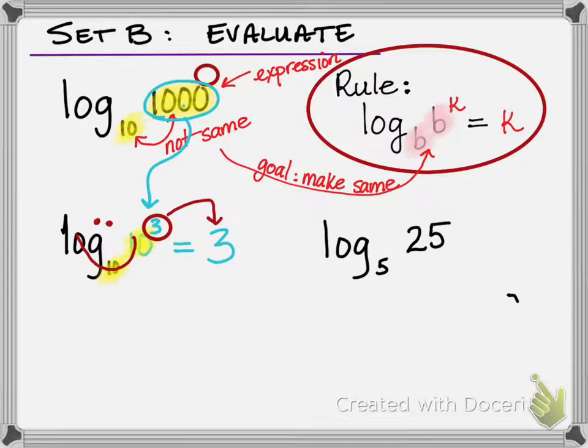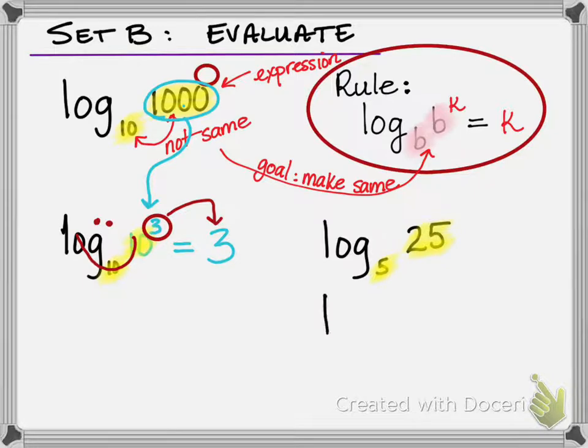Right now, I can't make a happy face because my base and this base are not identical, so I cannot say this answer equals 1. Those two numbers are not the same. So what can I do to make these two numbers be the same?